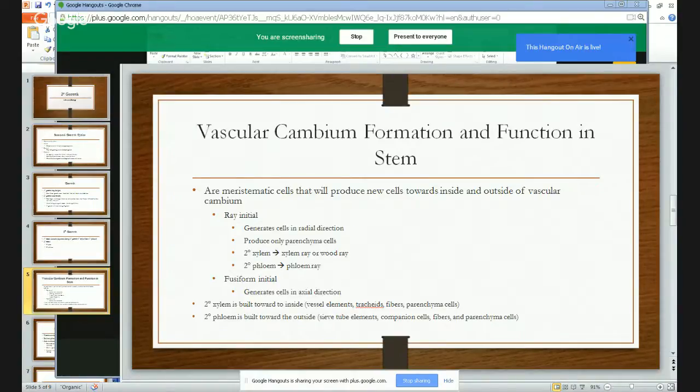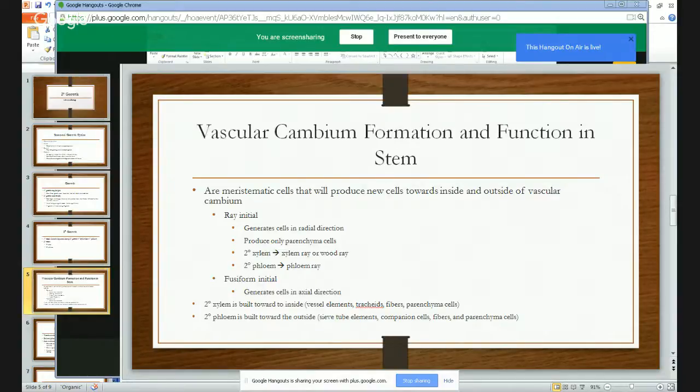And if you are of the ray initial generating cells, you're going to be making parenchyma cells. Because we need to be able to go side by side lengthwise, but since you're also growing taller, you also need to be able to go up and down too. So that's why we've got the two different initials.